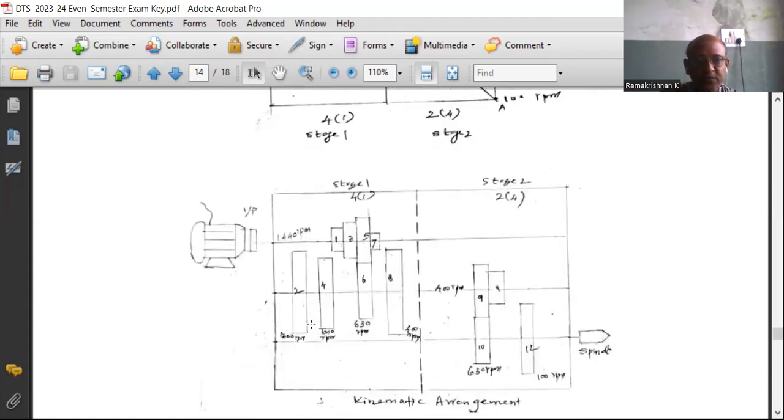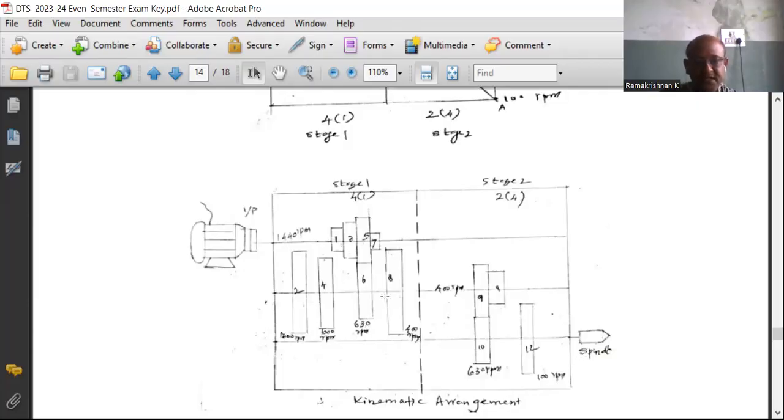So the 4 output speeds should be there, but you draw the 7 as the smallest gear. So you get the greatest reduction, 400. Then gradually for the medium gears, you denote the output speeds 1600 RPM, 1000 and 630.